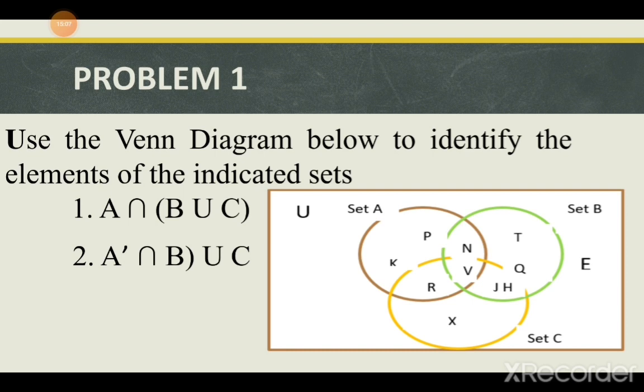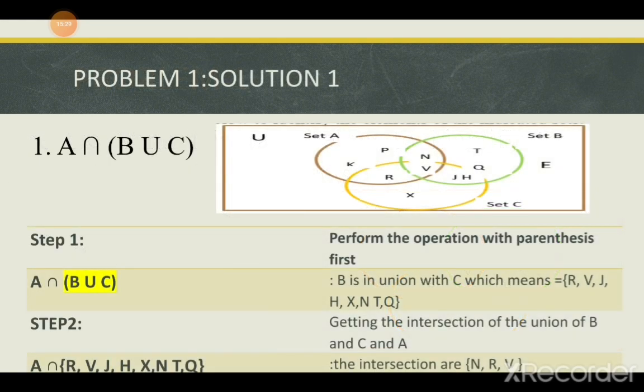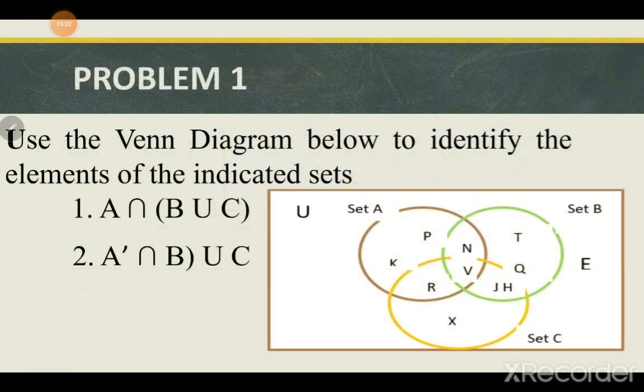Okay? So we have the union of B and C, and then get the intersection of A with the union of B and C. Mapapansin nyo guys that our union of sets B and C has N, T, V, Q, J, H, R, X. So shade natin yan.